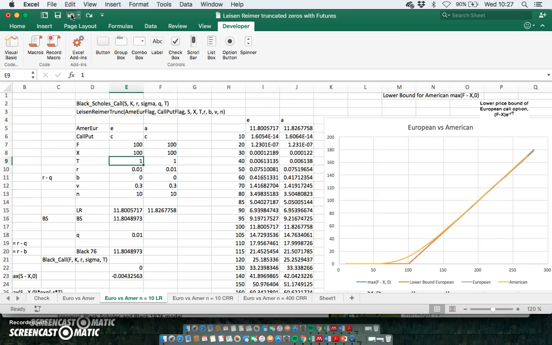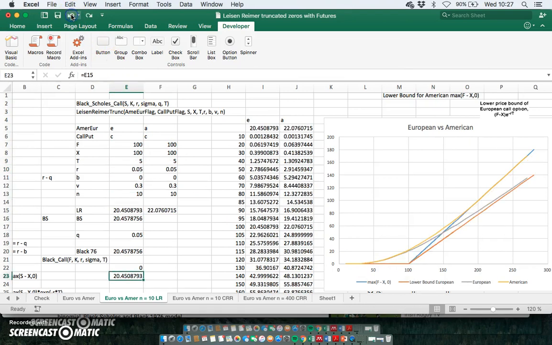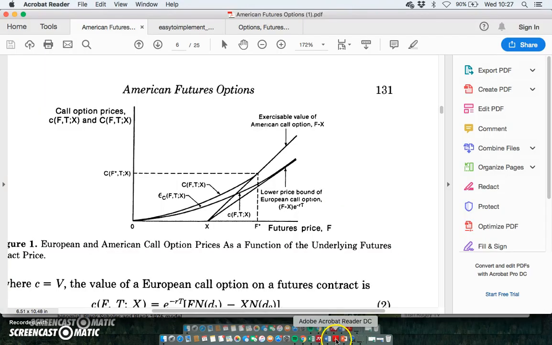Now we'll change back to our original 5 years and 5%, and we get back the graph that's presented to us in Robert E. Whaley's paper from the Journal of Finance, 1986.